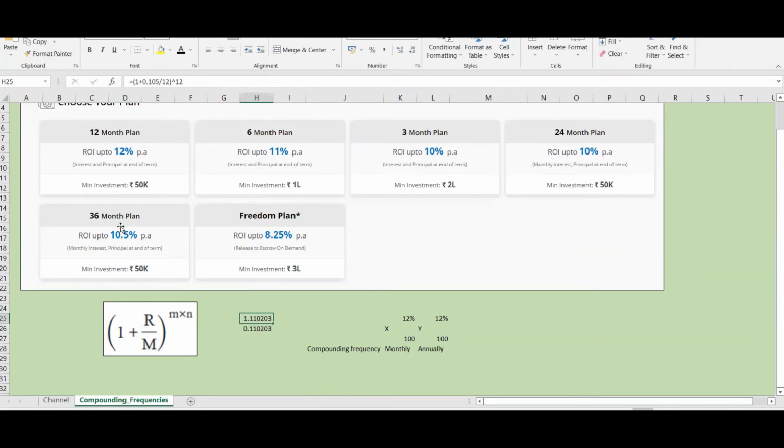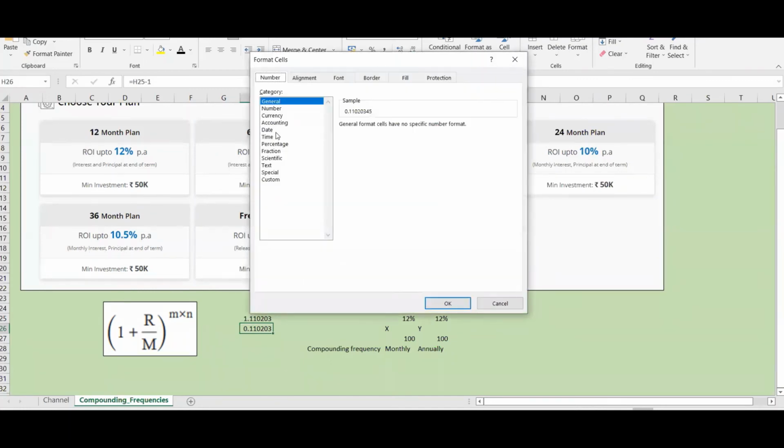If I put in plan B's details in this, and try to calculate what my rate of return would be if I had to convert this into the annual one, it would be around 11%. So if I convert this monthly to annual, my rate of return is 11.02%.